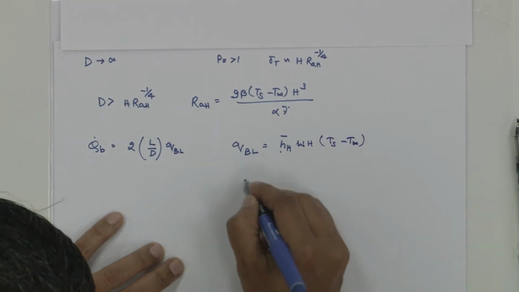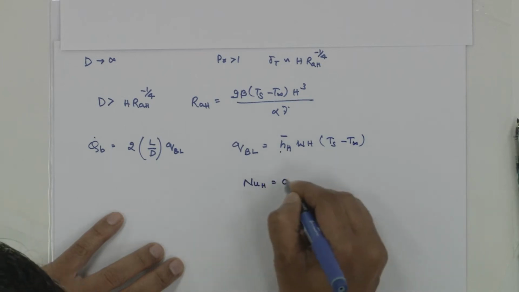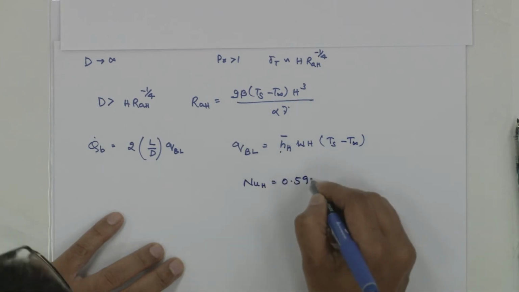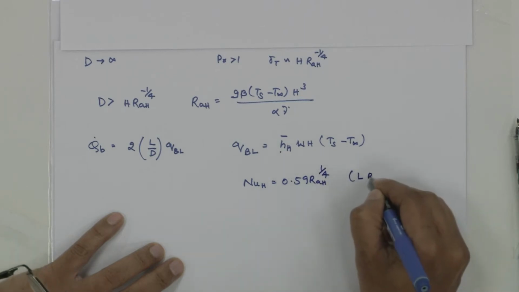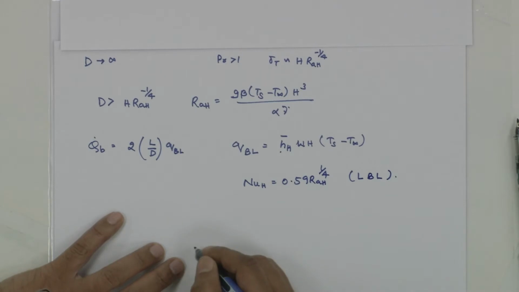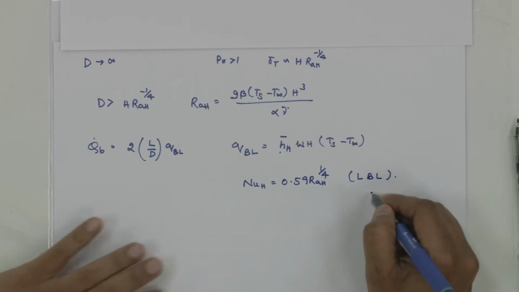So we know that Nusselt number Nu_H for a vertical plate equals 0.59 Ra_H to the power of 1 by 4. I am considering this as laminar boundary layer, that is Rayleigh number 10 to the power of 4 to 10 to the power of 9.